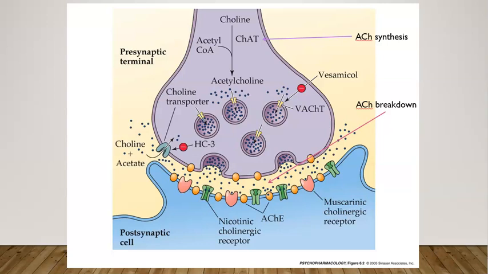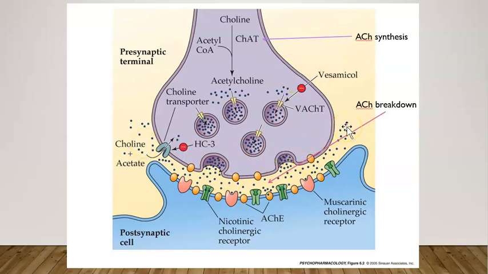Here is a diagram from your textbook showing what we just talked about. Purple is the presynaptic cell, blue is the postsynaptic cell. In the presynaptic cell, we have choline and acetyl-CoA, and CHAT acting on those, creating the synthesis of acetylcholine. Acetylcholine will then be moved into vesicles and released into the synapse when there's the right charge.